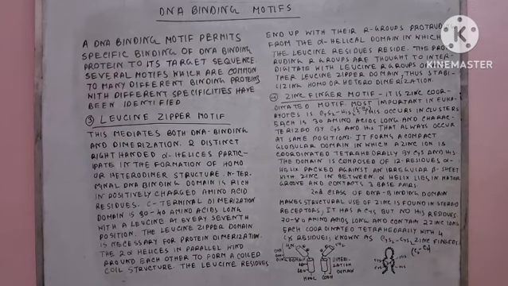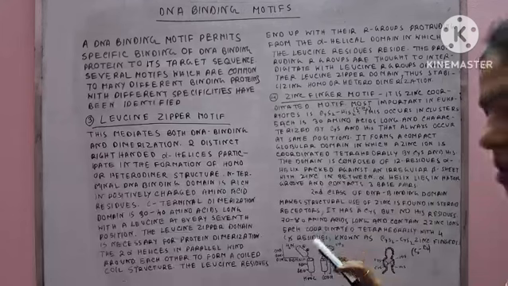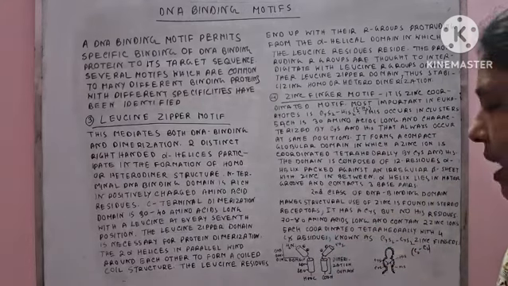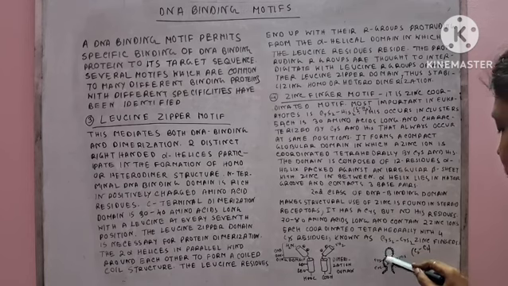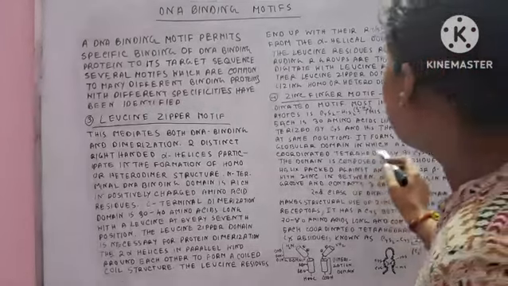Why is it called tetrahedral? Because 2 His and 2 Cys, four in number, are attached to one zinc ion. Clear? That's why it is called the tetrahedral structure.